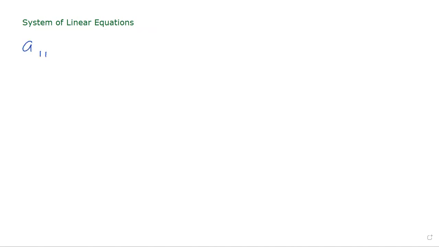So A11 x1 plus A12 x2, and we'll go all the way out to A1n xn, and this will equal some B1.